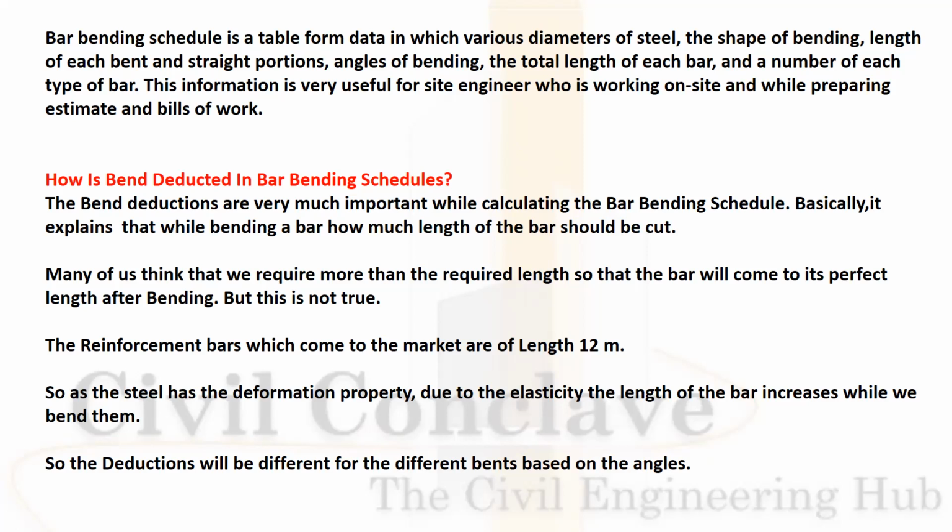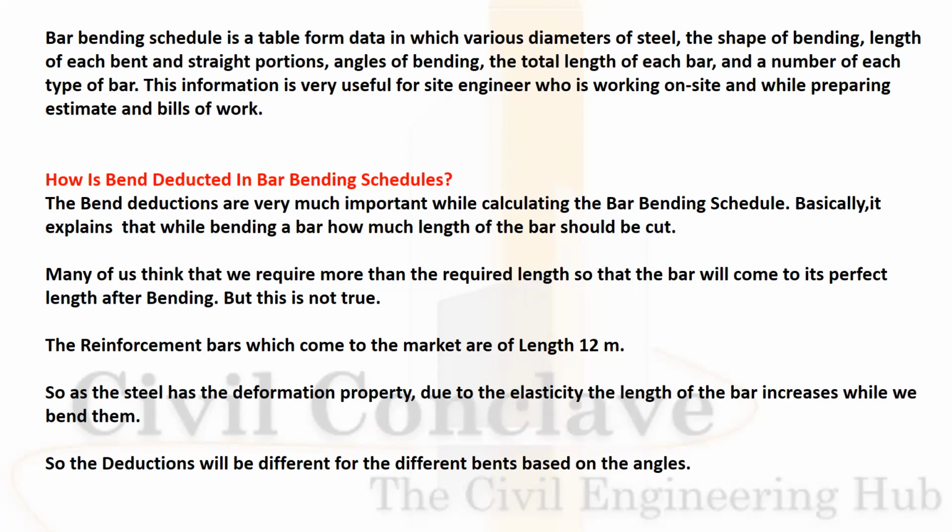How is the bend deducted in the bar bending schedule? The bend deductions are most important while calculating the bar bending schedule. Basically, it explains that while bending a bar, how much length of the bar should be cut. Many of us think we require more than the required length so that the bar will come to its perfect length after bending.